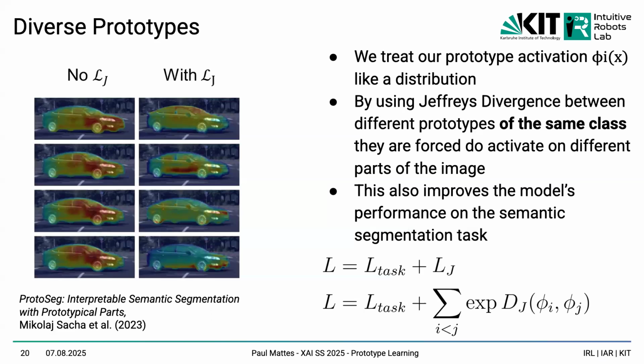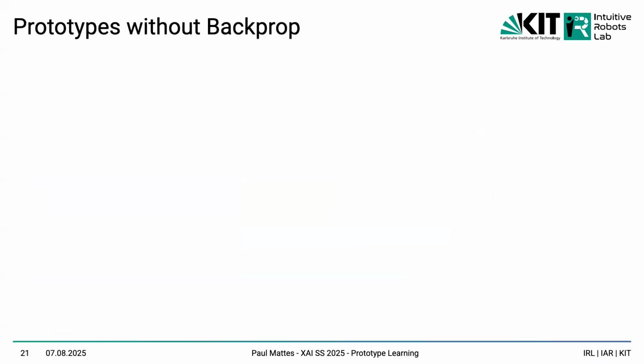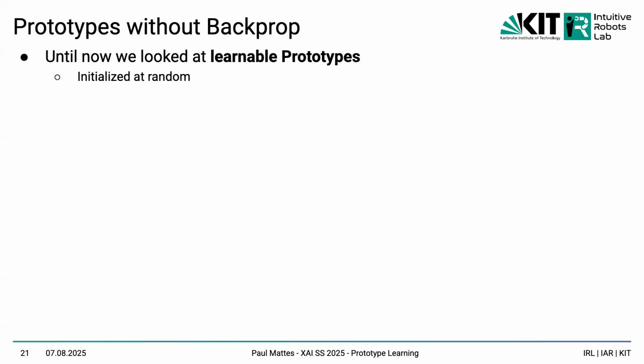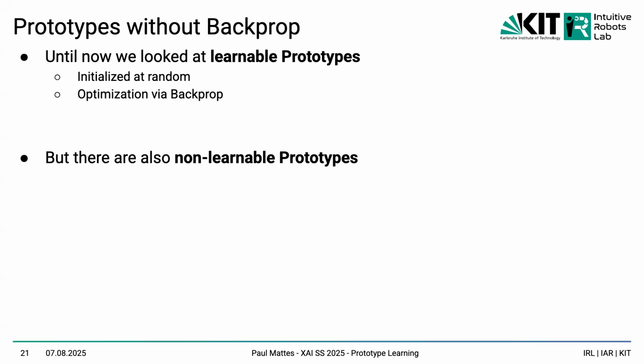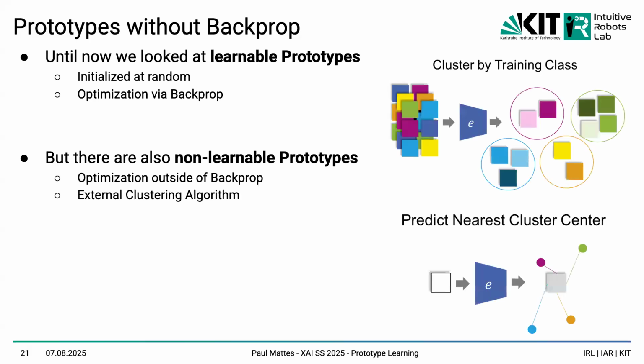All right. So the last part will be rather short. It's just about prototypes without backpropagation, because currently we learned all prototypes. They were initialized at random and optimized with backpropagation. But there are also non-learnable prototypes. We can try to have prototypes which we do not optimize during training, or optimize outside of backpropagation.